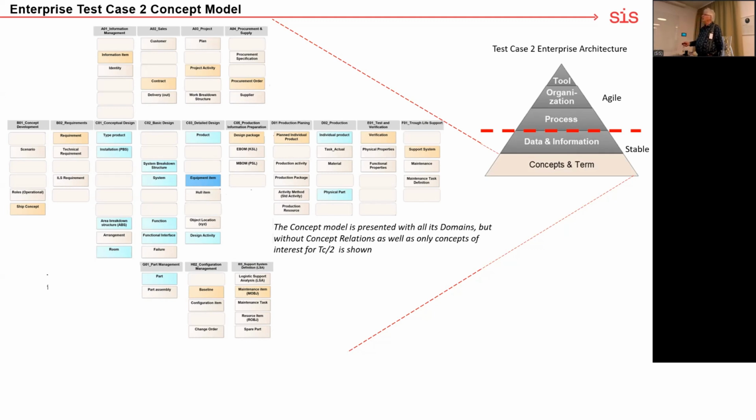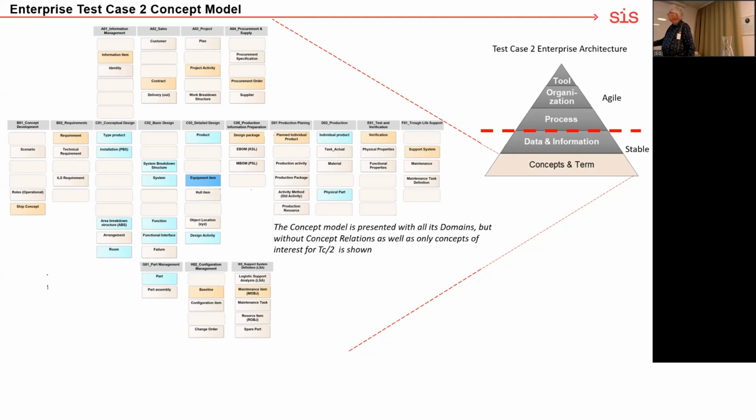So if we take a look at the concept model, you see these gray boxes up here over each column. Those are the different domains of knowledge. For example, we have the business related here. We have information management, we have sales, we have project, we have procurement and supply. These are the disciplines very much related to the procurement and management of the products.